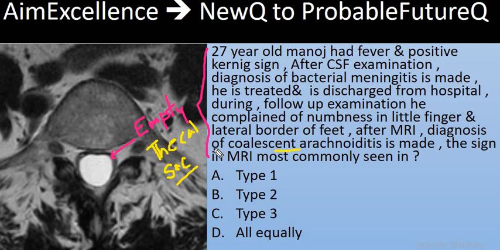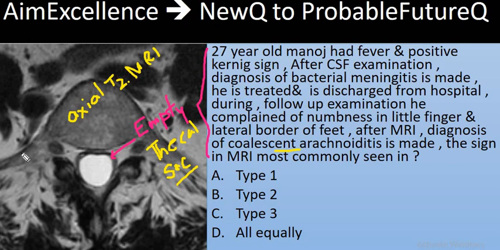Here this particular sign is seen. It is axial T2 MRI. It is done at level L5.